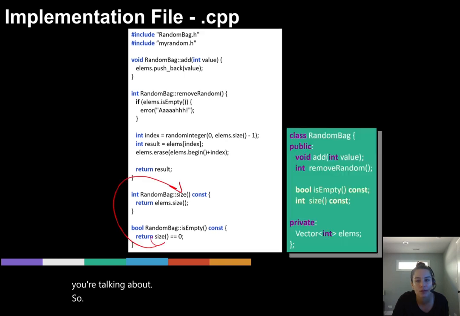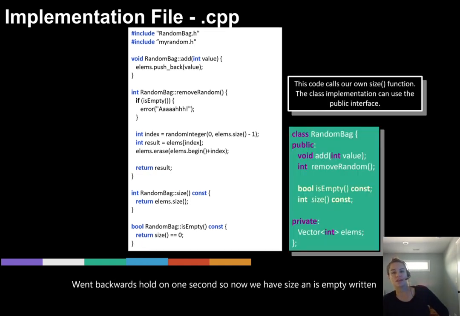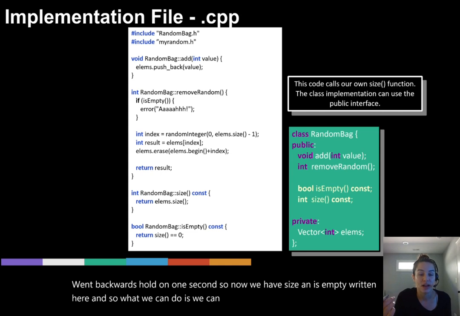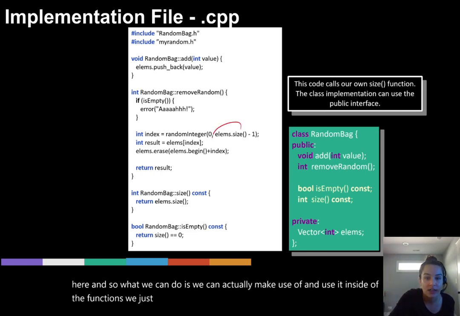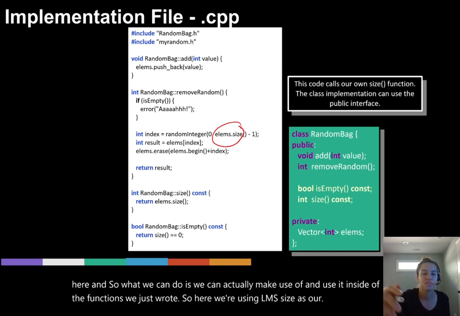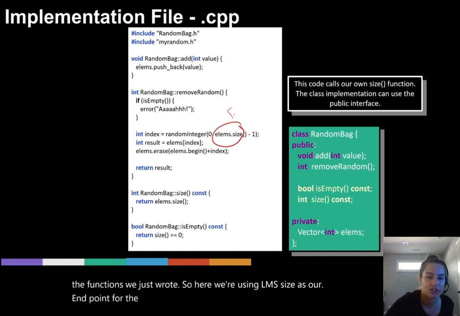Went backwards. Hold on one second. So now we have size and isEmpty written here. And so what we can do is actually make use of that and use it inside of the functions we just wrote. So here we're using elems.size as our endpoint for the random number to generate.